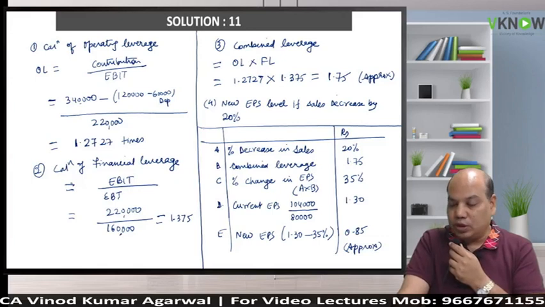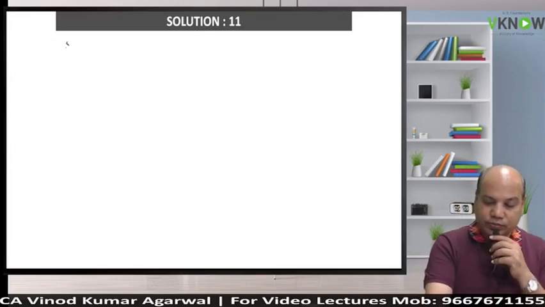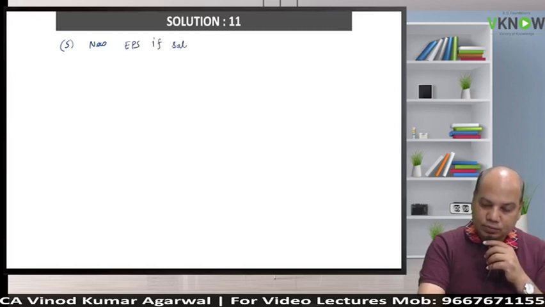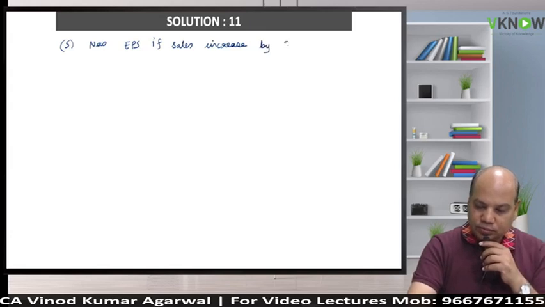Why? They have also asked you if sales increase by 20%. Write down last step. New EPS if sales increase by 20%.